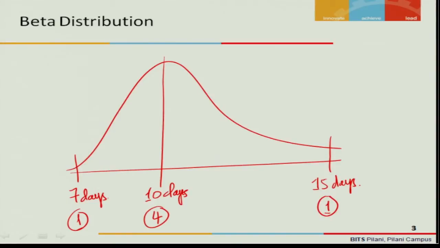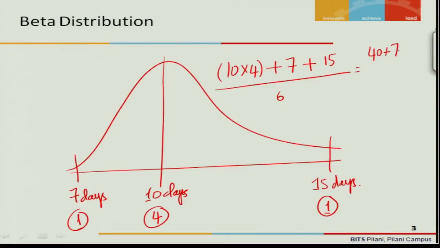So 10 multiplied by 4, plus the optimistic time of 7, plus the pessimistic time of 15, all divided by 6, which is 40 plus 7 plus 15 divided by 6, which is 62 divided by 6, approximately 10 days.